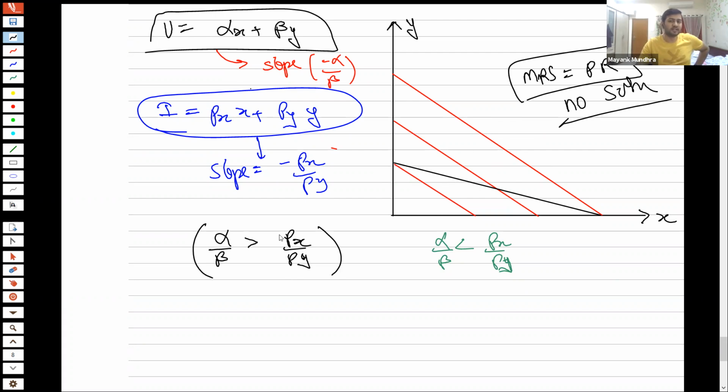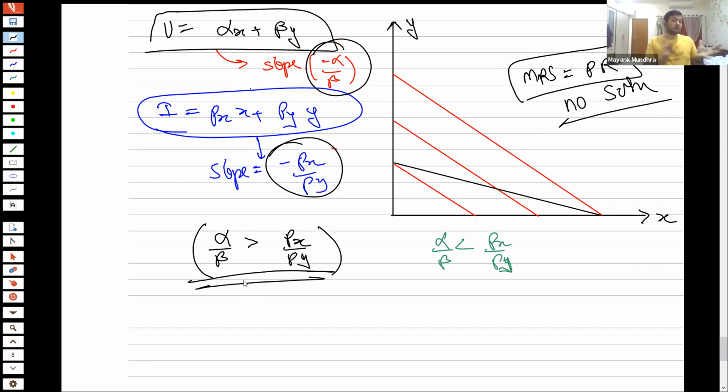The budget line always has a slope minus px by py. The ICs always have a slope minus alpha by beta, and clearly I've established that these are different. So you'll never have any solution to the Lagrangian case, or to the budget line and MRS equals to price ratio, these two equations.